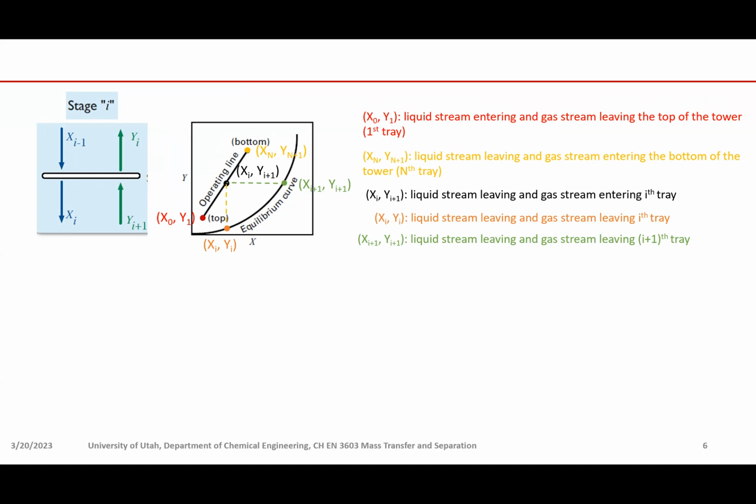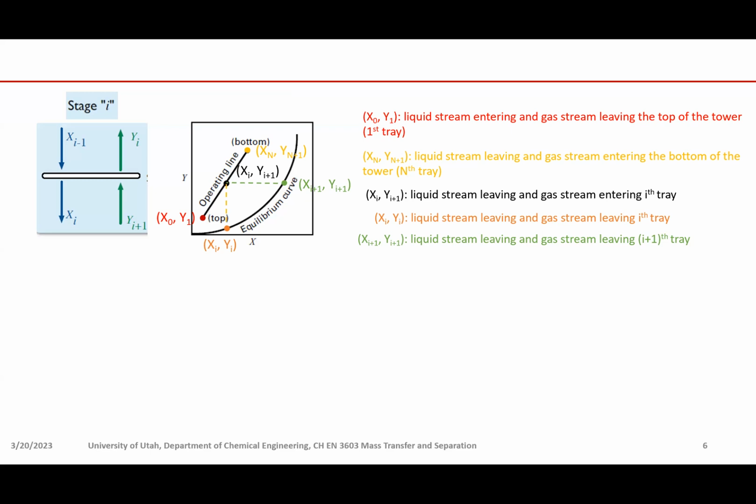Just remember, right? Any point on the equilibrium curve corresponds, in our system, to a composition leaving a certain stage i, right? Because that's our definition. With the equilibrium assumption, we define any streams leaving a stage i, the liquid stream and the vapor stream, as being in equilibrium. So their composition is constrained by the equilibrium curve, right?